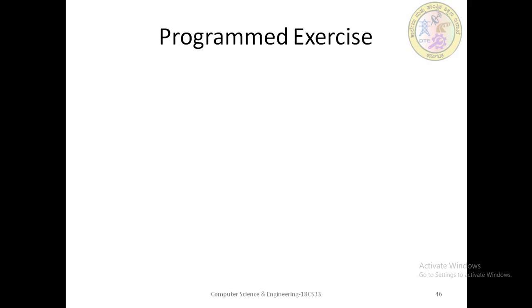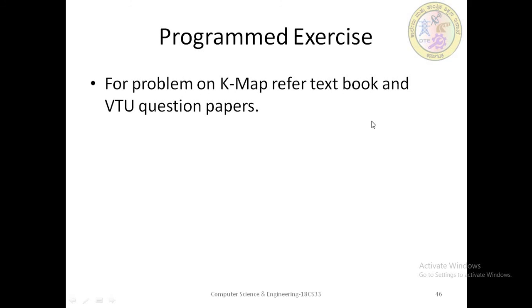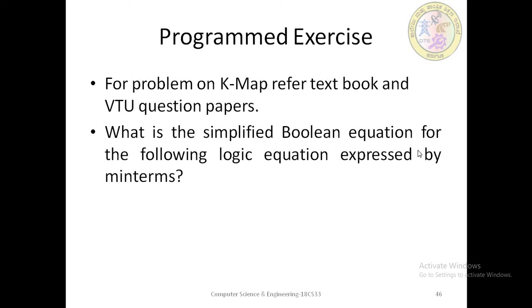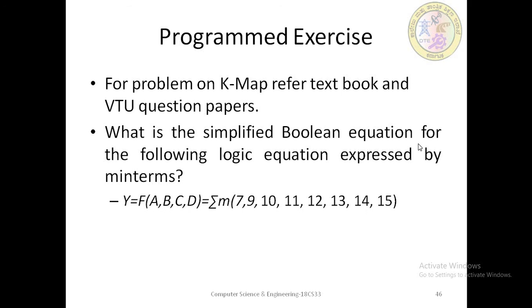These are some of the problems on KMAP from VTU question papers. So you guys try to find out the results. What is the simplified Boolean expression for the following logic expressed by min terms? This is a question for you, and I will be sharing this.